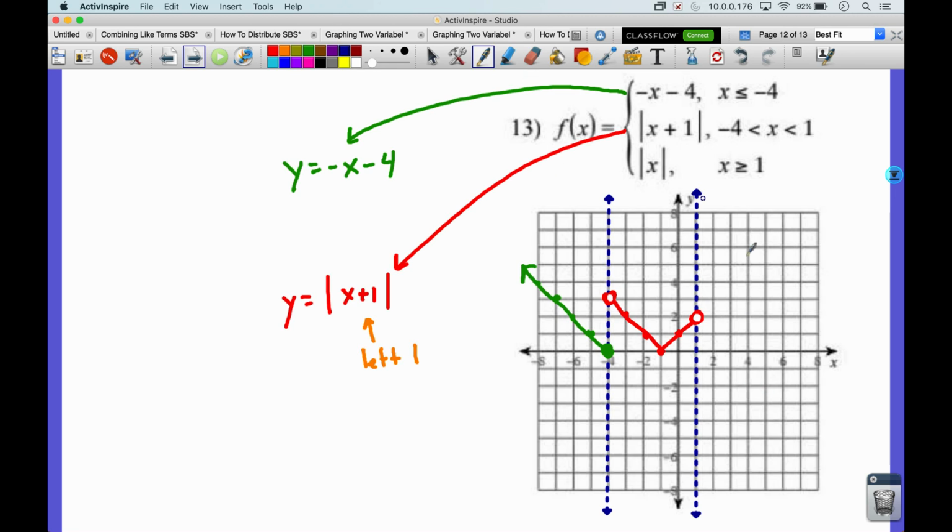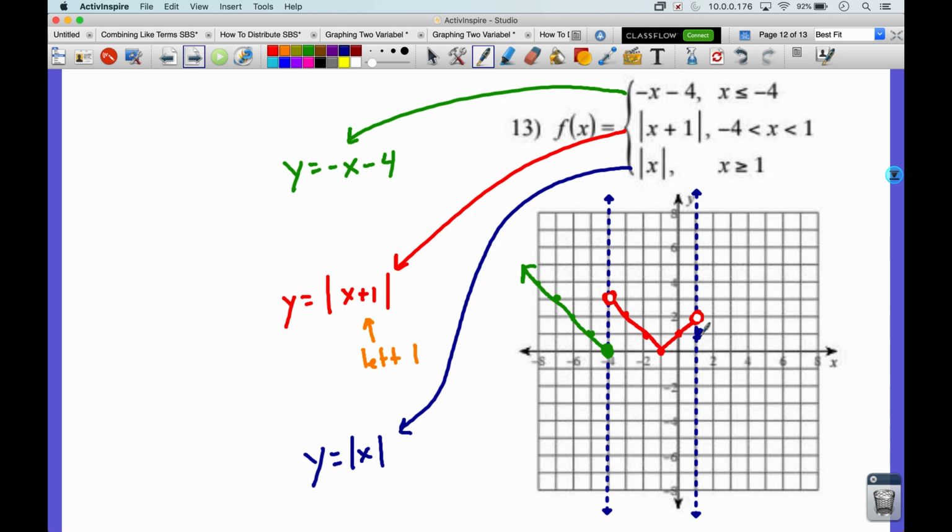Okay. Now on to the third strip, so third equation. We'll break that one up out down here. This is y equals the absolute value of x. So v-shaped, but hasn't been transformed at all. We don't even see the vertex.